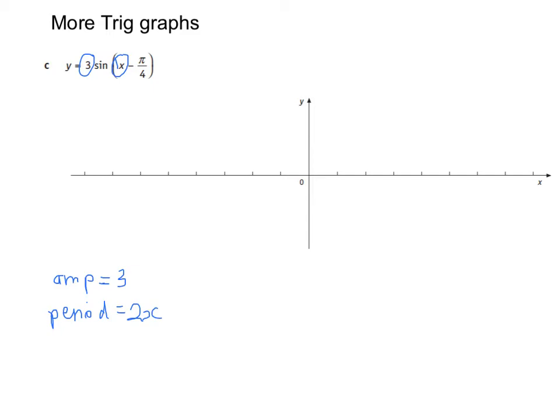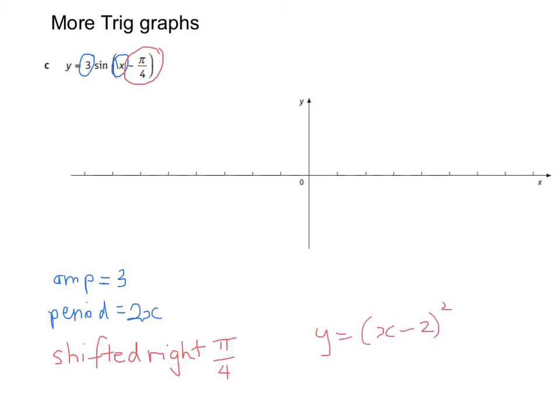And now this little bit here, minus pi on 4, because it's inside the brackets, it means the whole graph is going to be shifted pi on 4, and the minus means we're shifting to the right. So very similar to how, in the prelim course, we had y equals x minus 2 all squared.